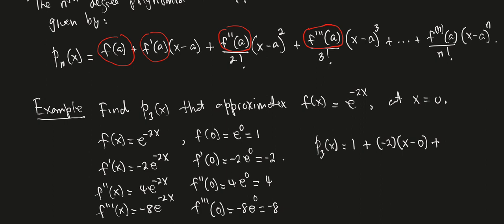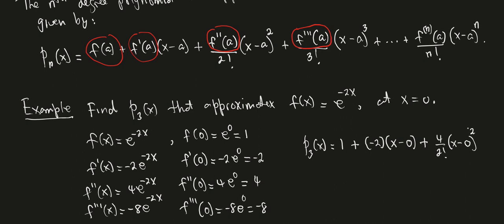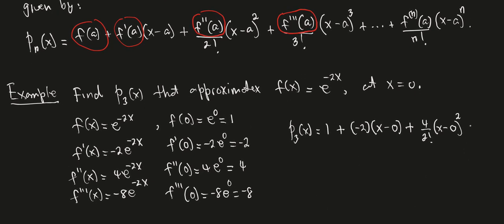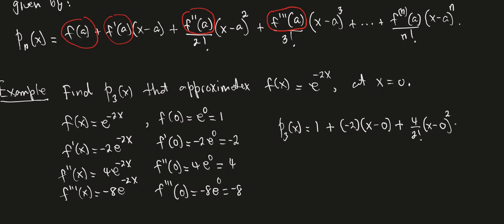So the next term is the second derivative divided by 2 factorial times x minus the point of tangency squared, right? That's what makes it a quadratic, but we want even more. We want a cubic. So the cubic term is the third derivative, which is negative 8, divided by 3 factorial, and then multiplied by the quantity x minus 0 cubed.